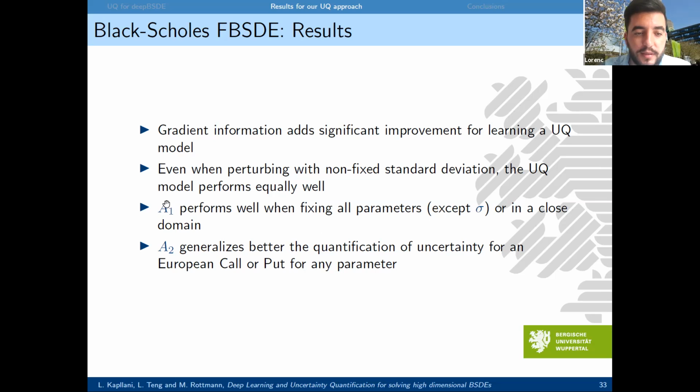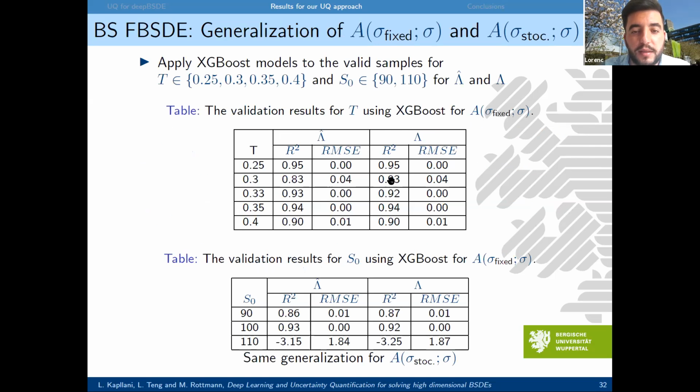And sorry, there is a typo here because it should not be A1, but the model where we do a fixed perturbation to the sigma and we vary only sigma. So this is just the conclusion from this slide.